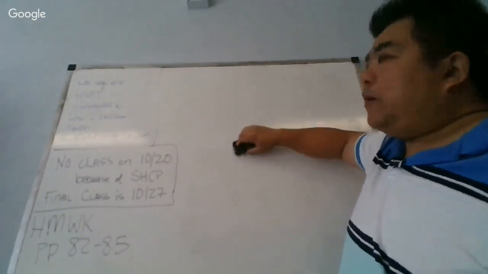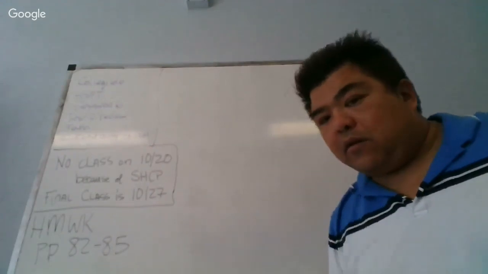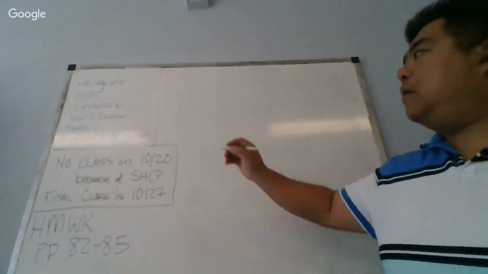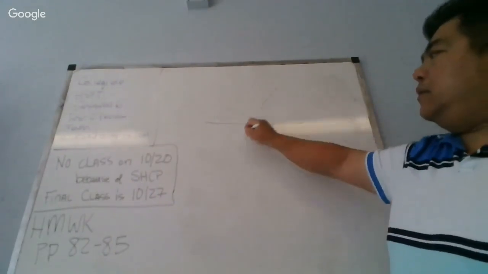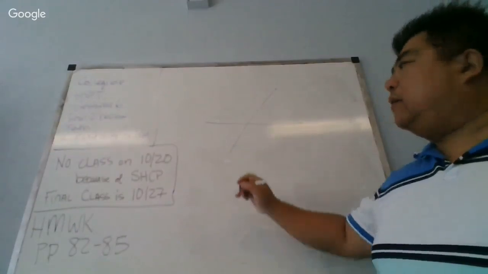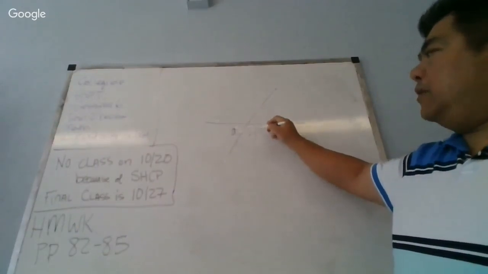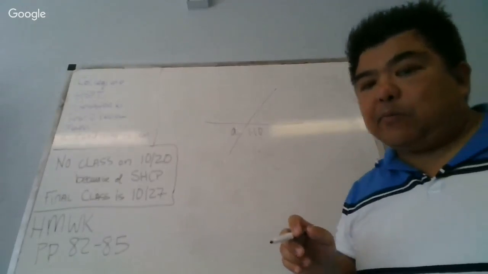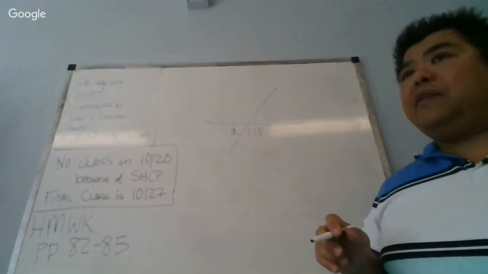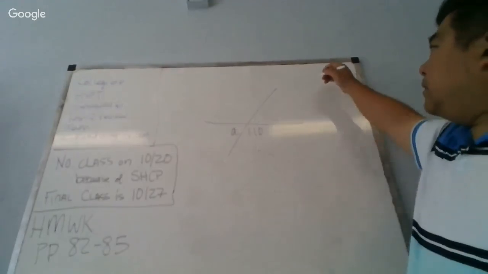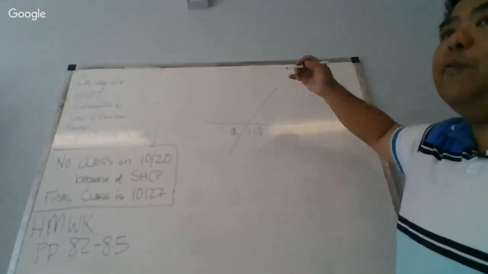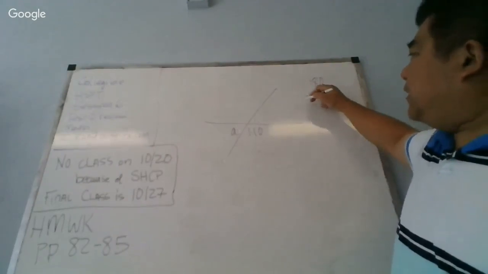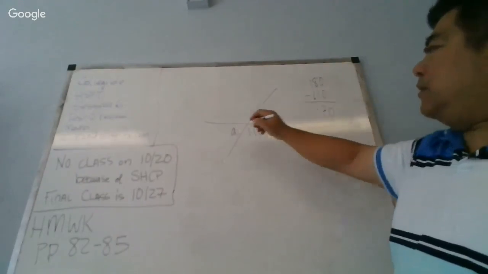All right. Tyler, did you get number 2? 20. Why 20? So this is two lines that are intersecting here. You've got an A and you got a 110 here. Dylan, what'd you get over here? You got B, which is 70. How'd you get 70? 110 subtracted from 180, you get 70 here.